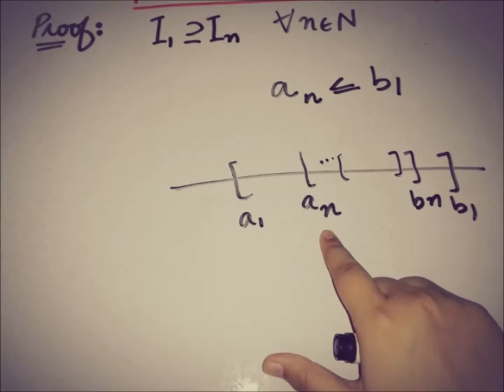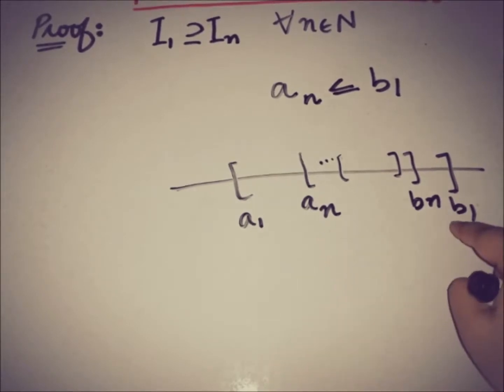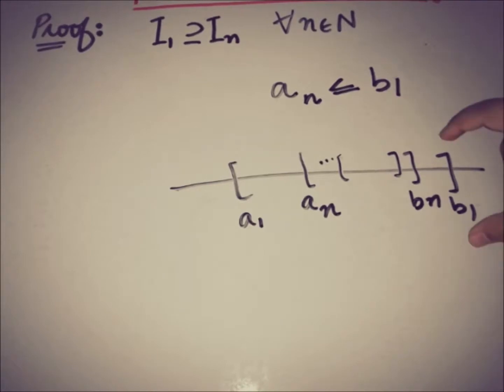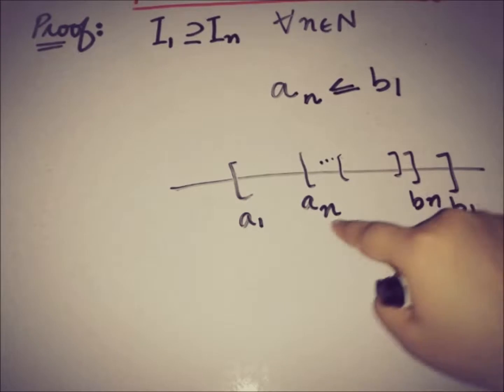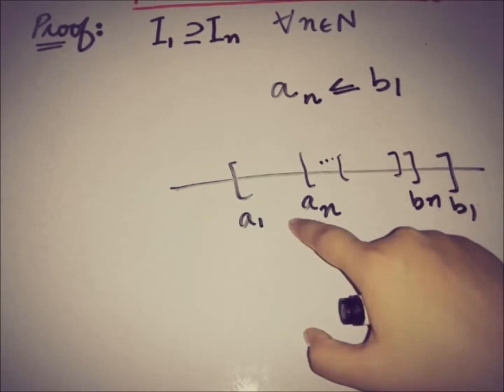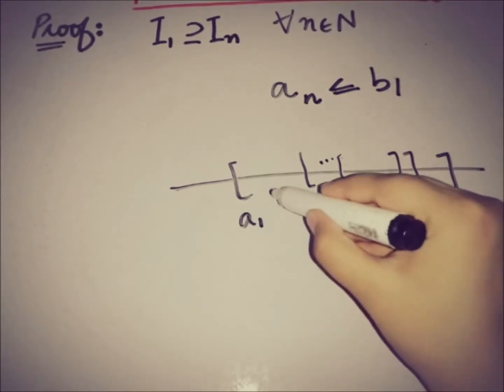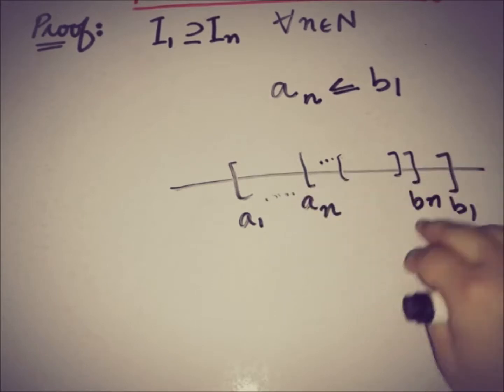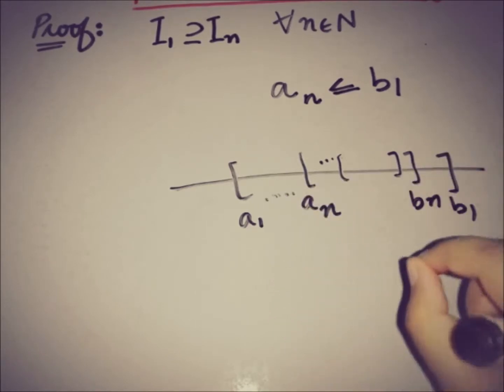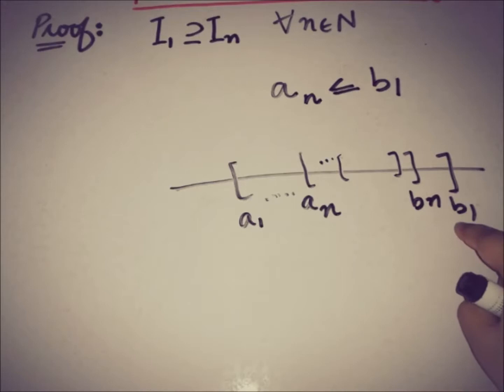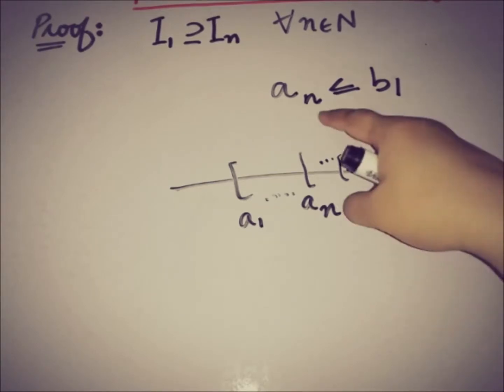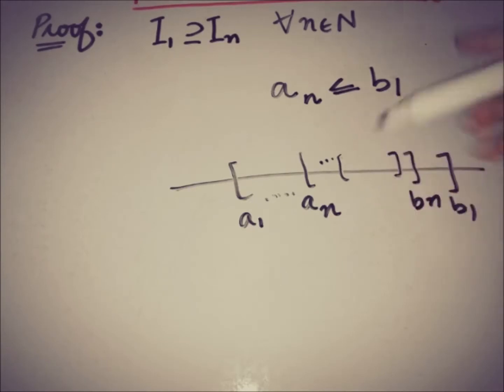Here an is always less than or equal to b1, because b1 is an upper bound of all of a1, a2, a3 and so on. No a will exceed b1. So b1 is the upper bound of all of the an, and an is less than or equal to b1 for all n in N.